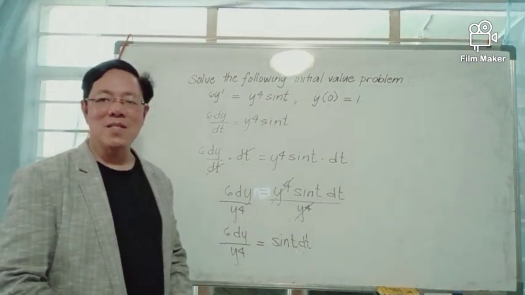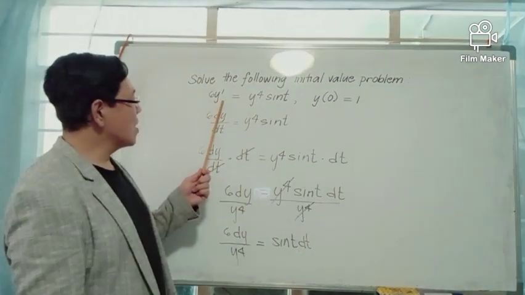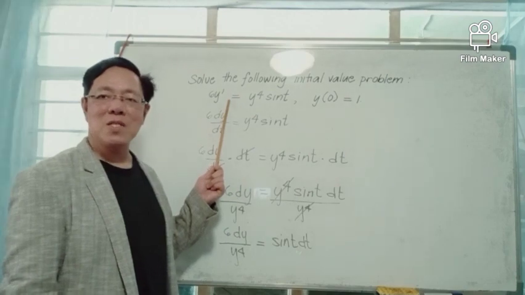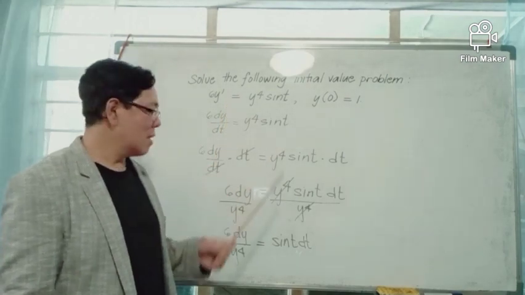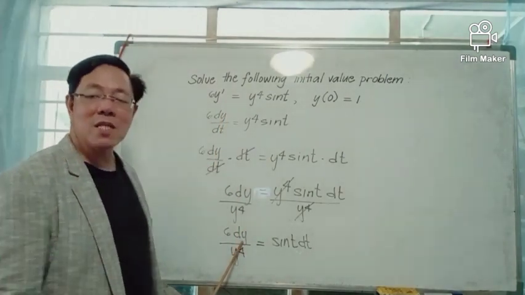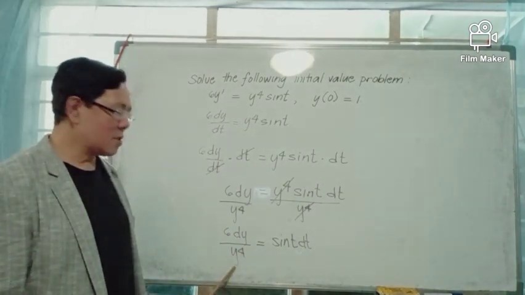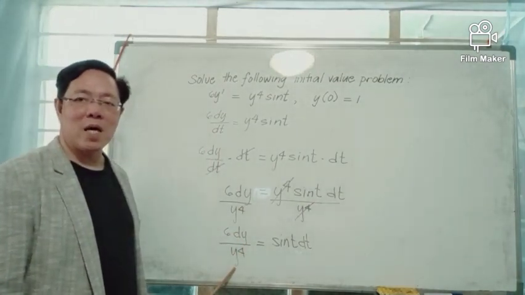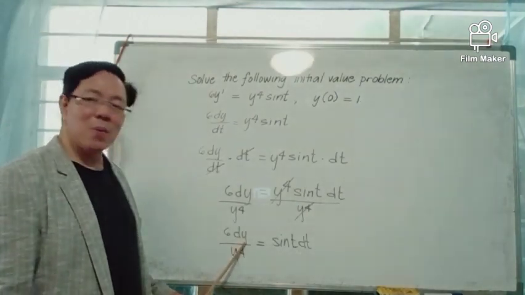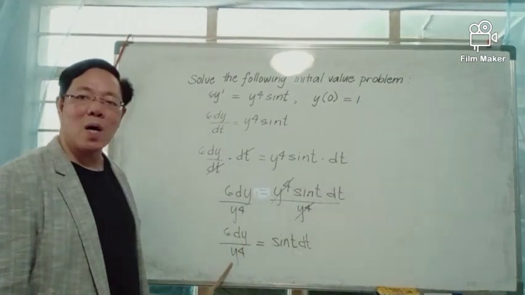Now we say that the variables from this given differential equation have been separated because the coefficient of the differential of y, or dy, is now a function of y only. The coefficient of dy is 6 over y raised to 4.